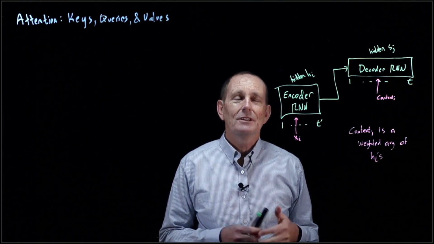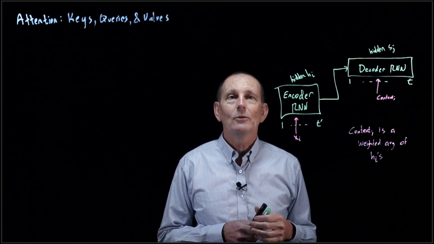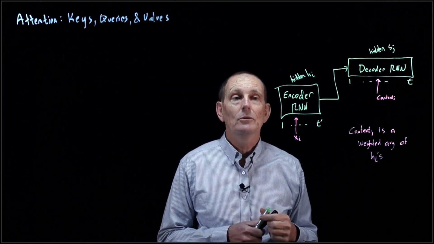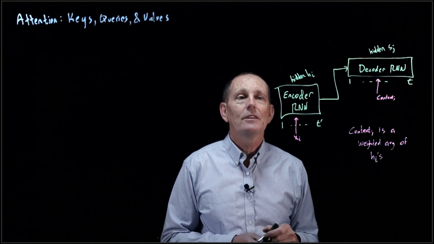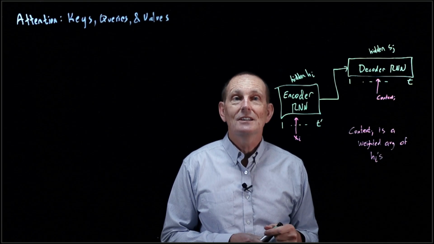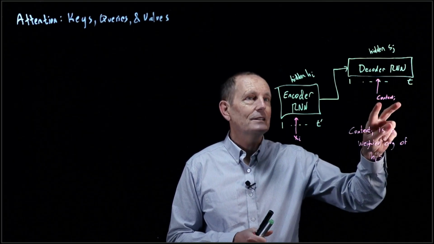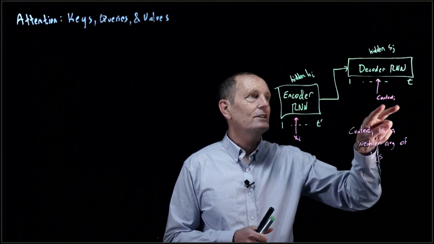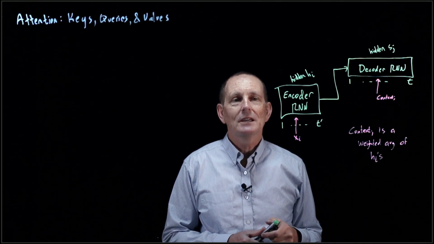And there's two major reasons for that. One is that way we can be attending to more than one word if we want. So we can pay most attention to one word, but secondary attention to some other word. The second important reason is that this is differentiable now. If we just had hard attention where we'd said, okay, context j is going to be one of the H sub i's, then we no longer can do backpropagation easily.